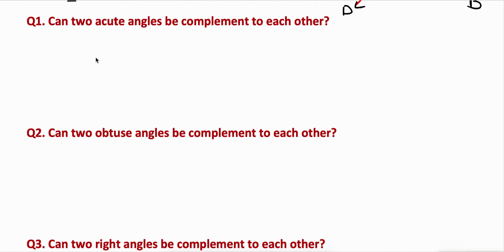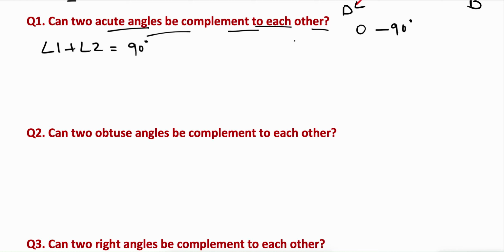Question number 1. Can two acute angles be complementary to each other? As we all know, an acute angle is an angle between 0 and 90 degrees. For complementary angles, angle 1 plus angle 2 should be 90 degrees.